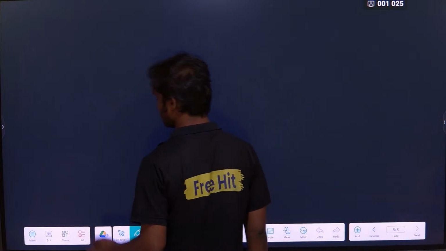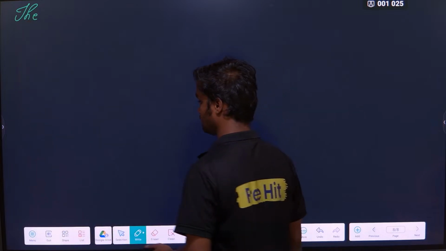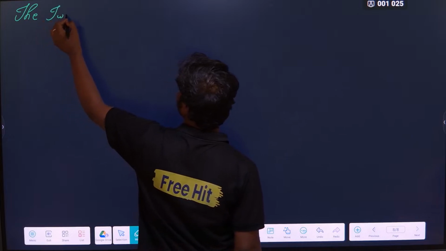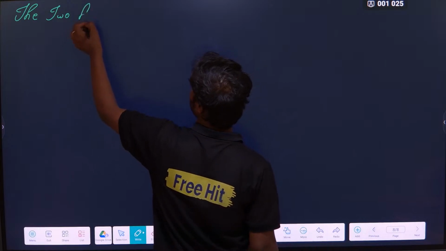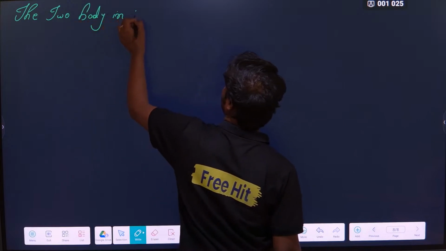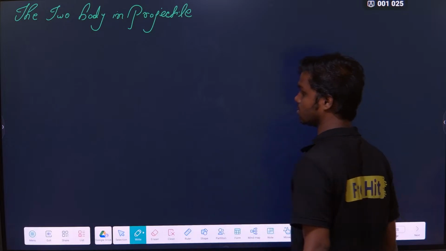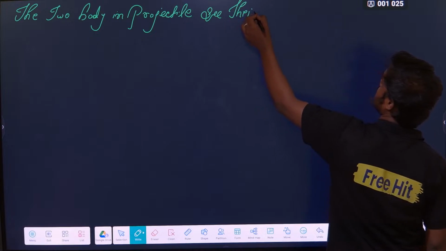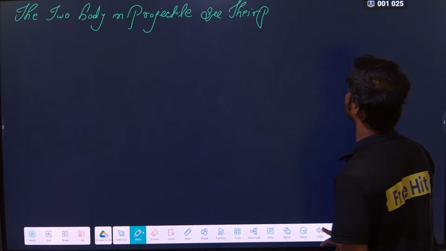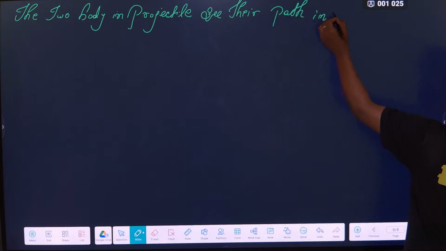Okay, now one more important result. The two bodies in projectile see their path in a straight line.